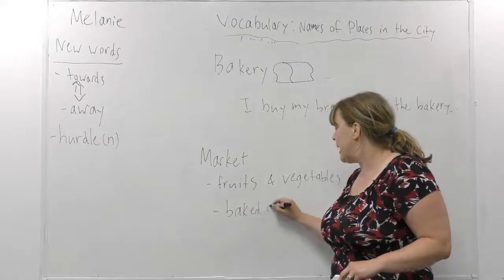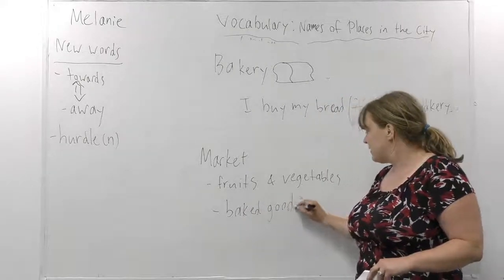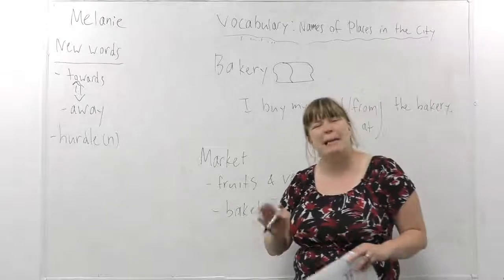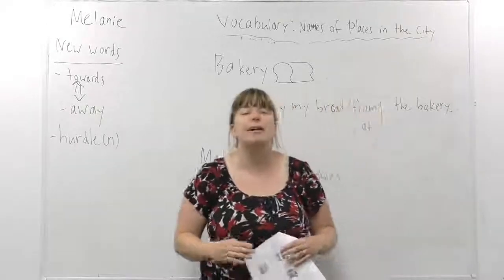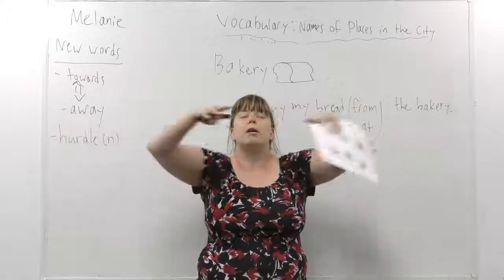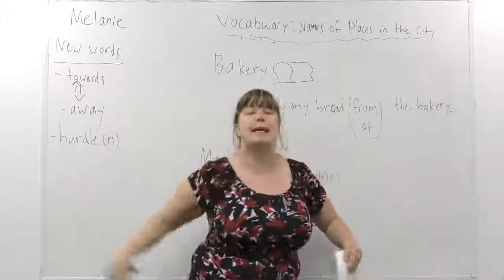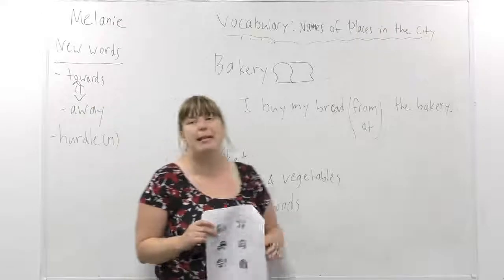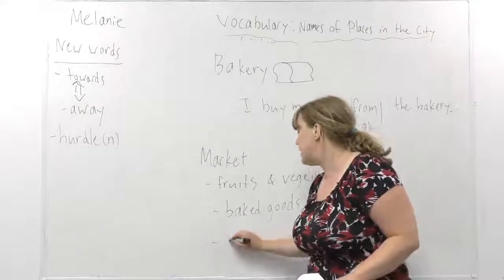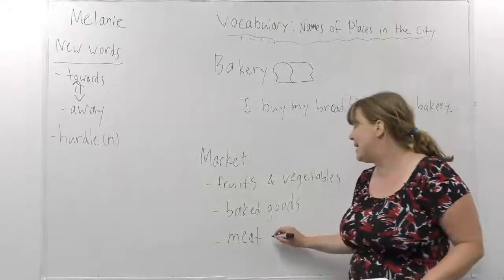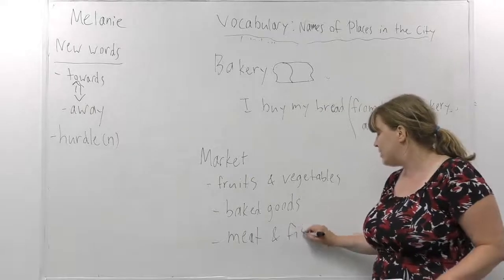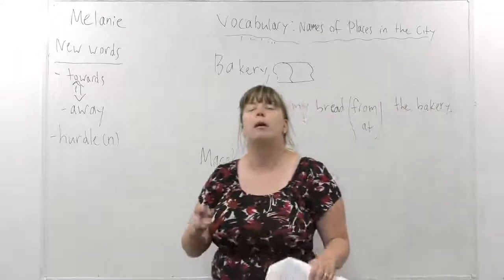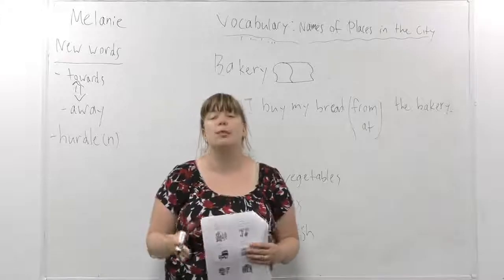So we call them baked goods. Maybe some toilet paper, but usually not. So supermarket, think of like big, supermarket. You can buy everything. Market, you can buy some food, fruits and vegetables, baked goods, maybe some meat as well, meats and fish. So these are often smaller, more local stores.